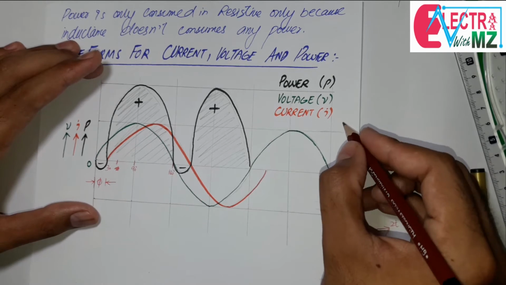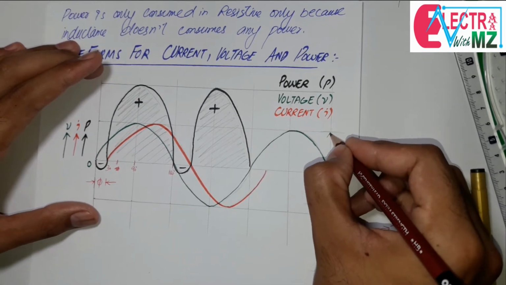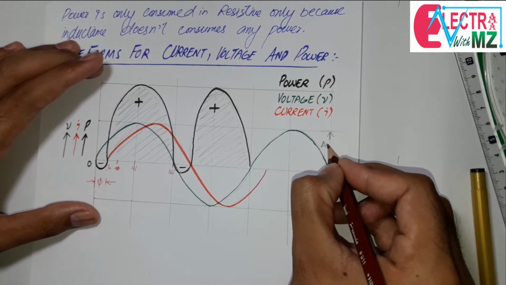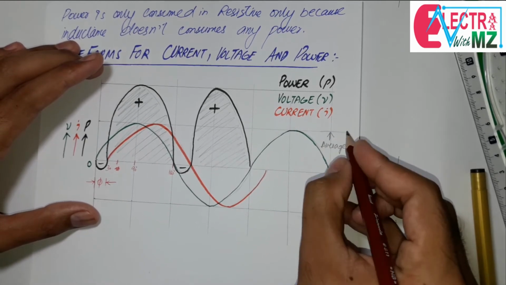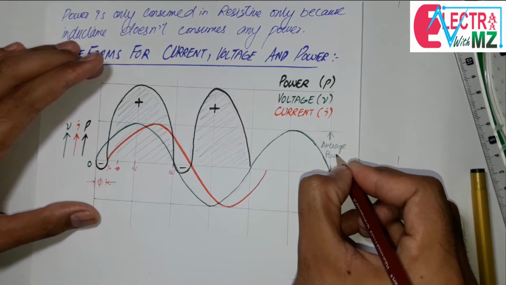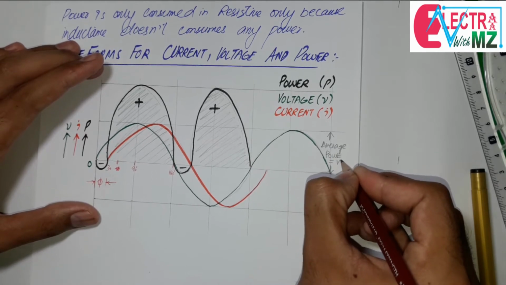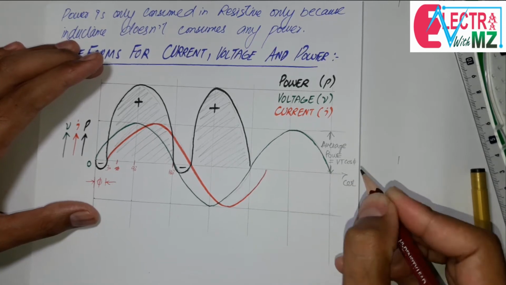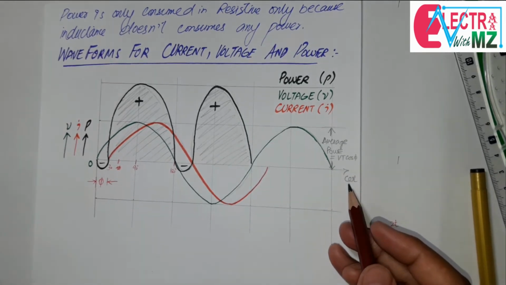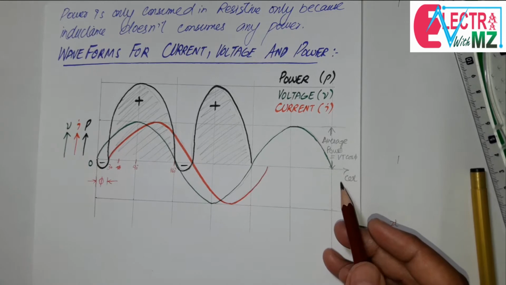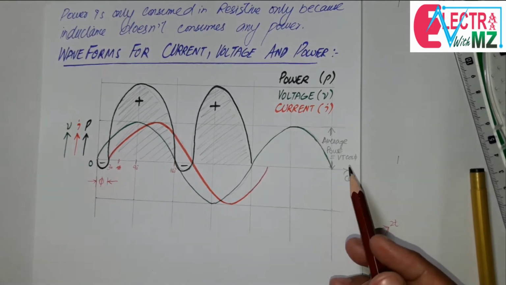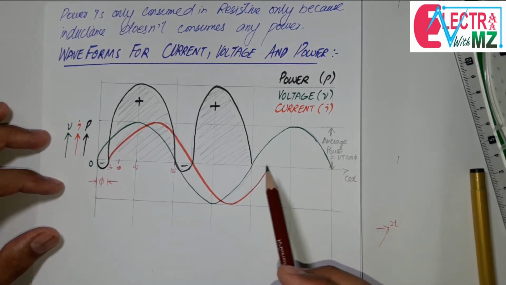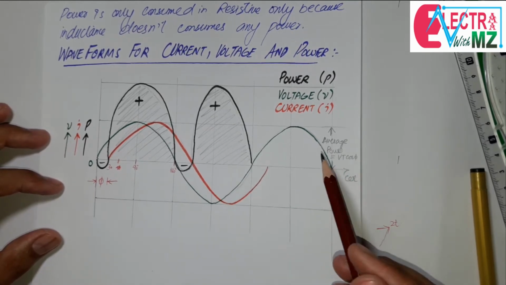We can say this is the average value of power, or average power is equal to VI cos phi, and this is omega t, angular frequency multiplied by time t. So in the inductive AC circuit, the average power is equal to 0 here.